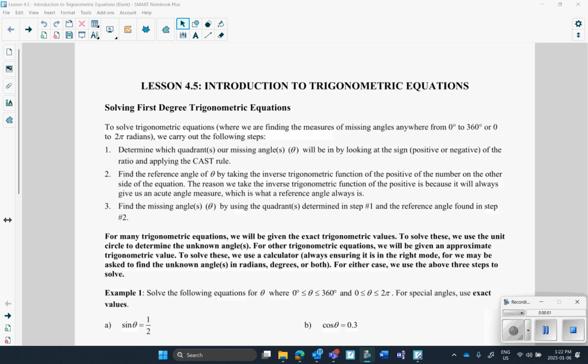Okay, so to finish up this unit on trig, what have we done in this unit? Well, we basically did some stuff to help us prepare how to find trig ratios exactly using the unit circle. That was last lesson. And then we learned some stuff that's going to help us do this one, solve trig equations.